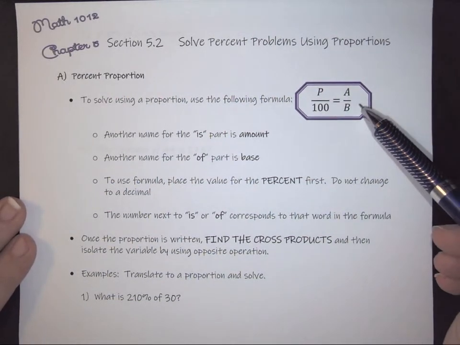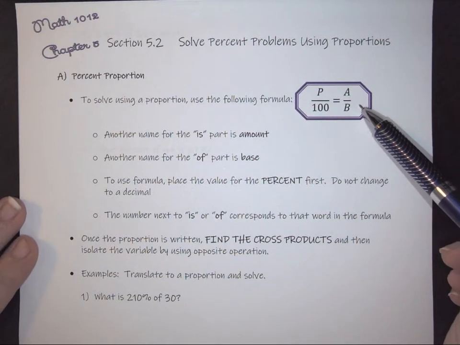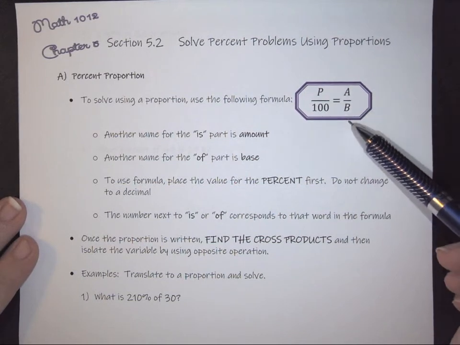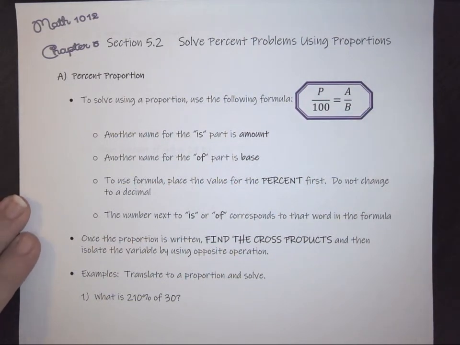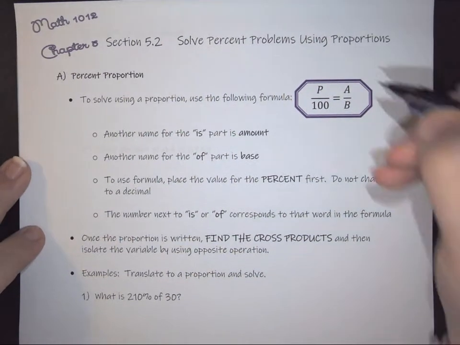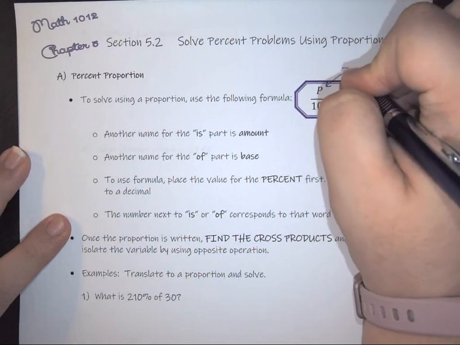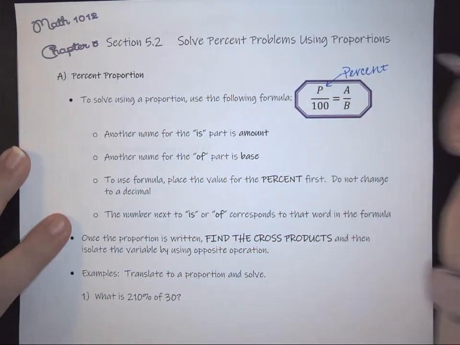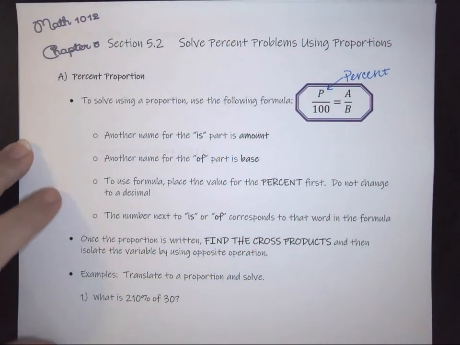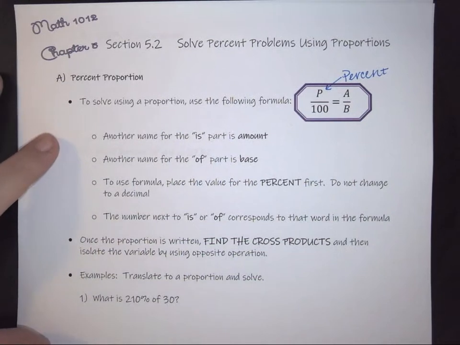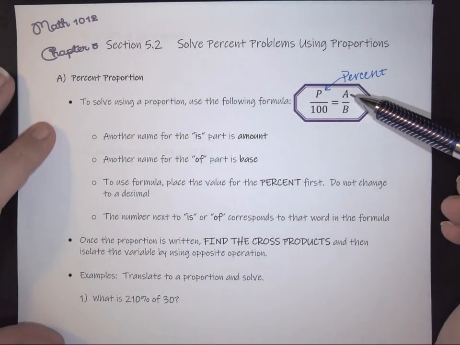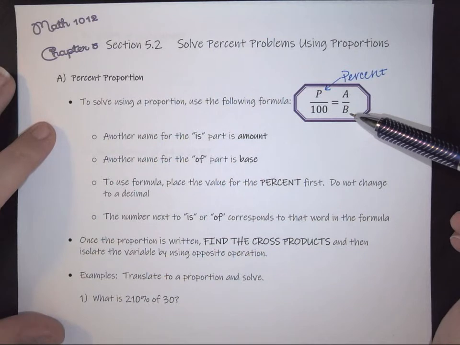The proportion we're using is this formula. P over 100 equals A over B. One thing to keep in mind is that the P is your percent. Now the other thing that we have is A, which stands for amount, and B, which stands for base.